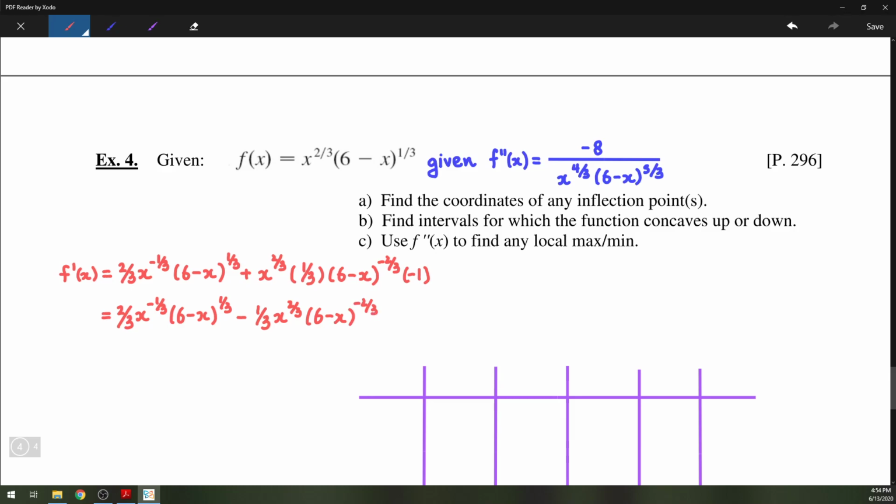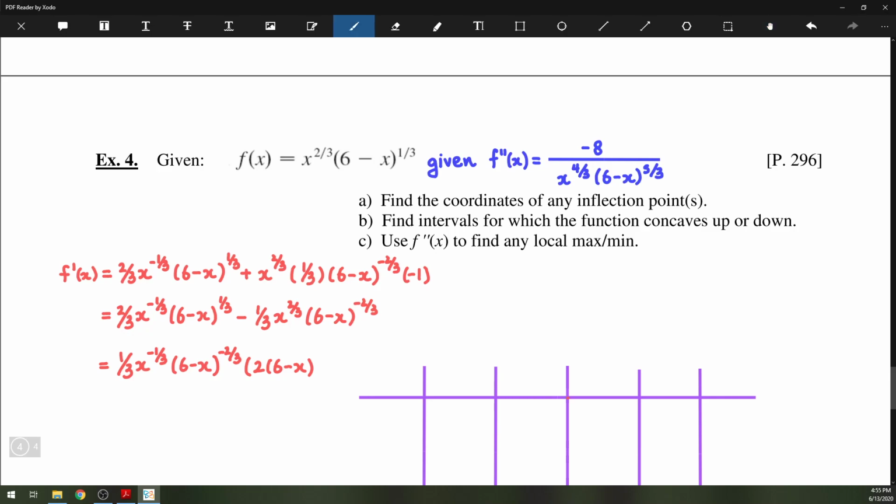Okay, so we can factor out 1/3 from both parts, and also x to the negative 1/3, and also 6 minus x to the negative 2/3. Now let's see what is left over. You can see that we are left with 2, and then 6 minus x from the first part of the derivative.